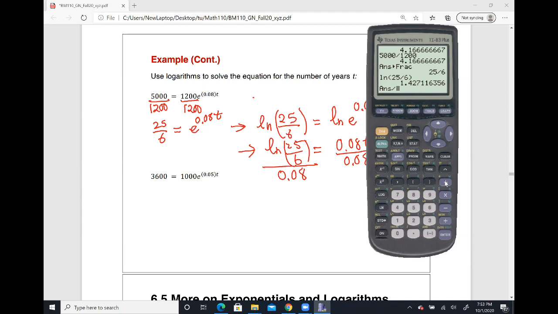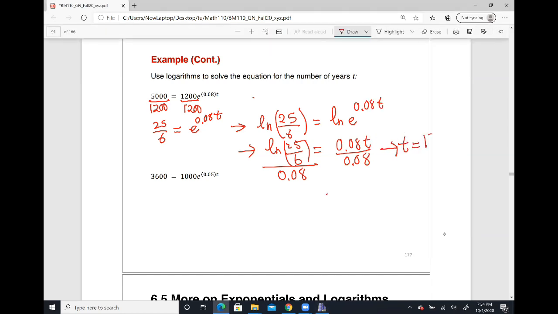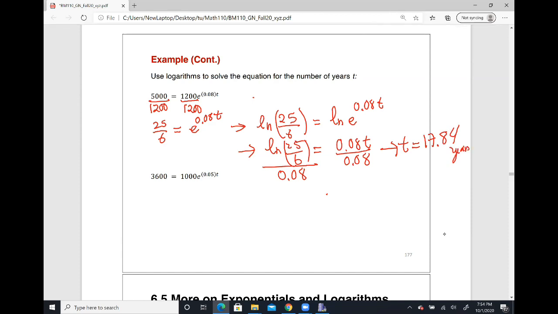You want to divide it by 0.08, and then you have 17.84. So I'm going to have 17.84 years. Okay, that is for this equation.